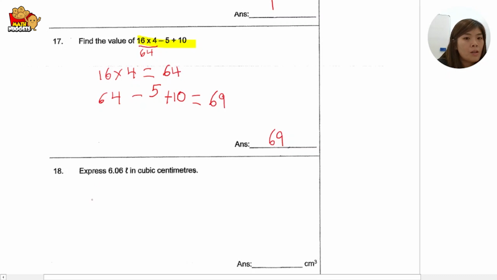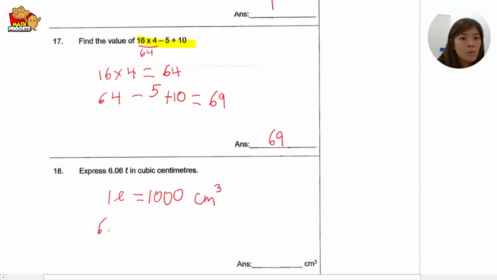Then for question 18, express 6.06 liters in cubic centimeters. You know that 1 liter is 1000 cubic centimeters.